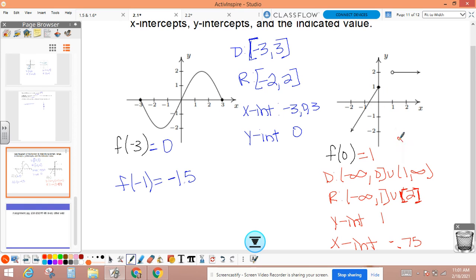If I asked you for f of 1, you would have to tell me undefined. If I asked you for f of 2, you would tell me 2. If I ask you for f of -2, you would tell me that it's about at -2.